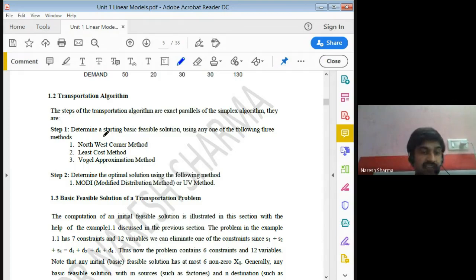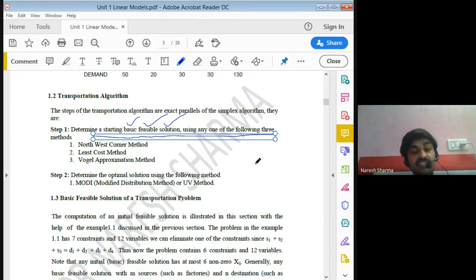In the first step, we start with a basic feasible solution. Basic feasible means the solution we need to find should be positive. Basic means it has some property which I will discuss in a coming topic.